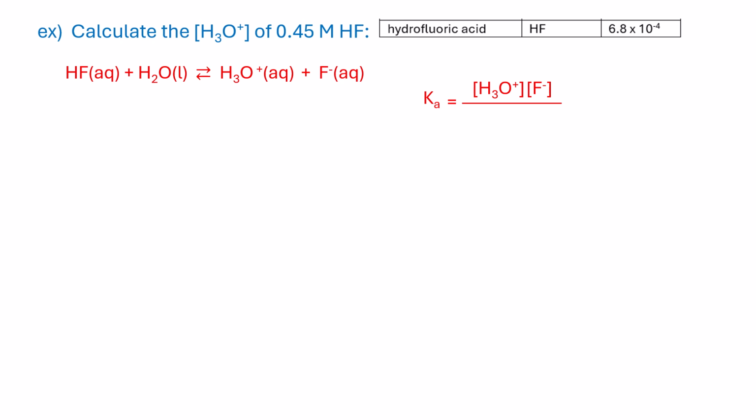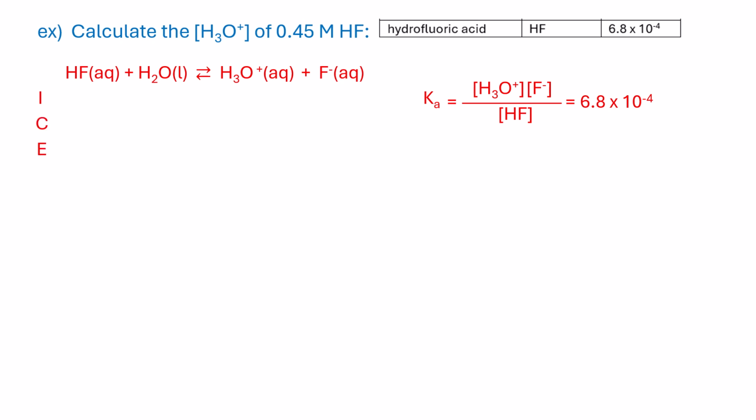On the bottom, though, we do have one reactant we have to list, and that is the initial acid, which is HF. The water, of course, does not get included because its physical state is liquid. All right, and in this case, all of that is going to end up equaling 6.8 times 10 to the negative 4. So the question is, how do I find hydronium concentration?